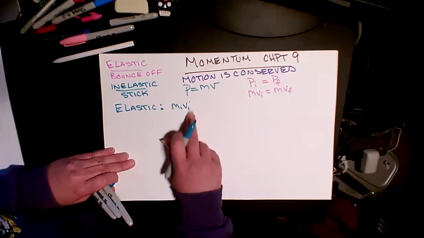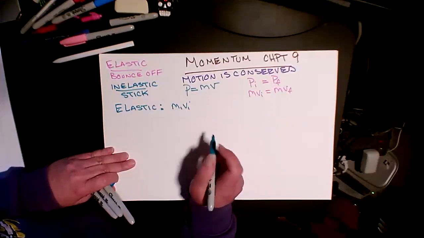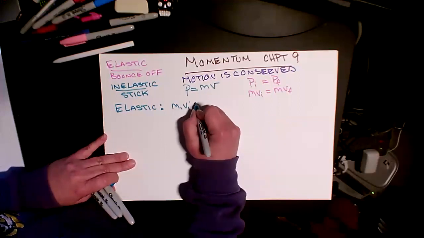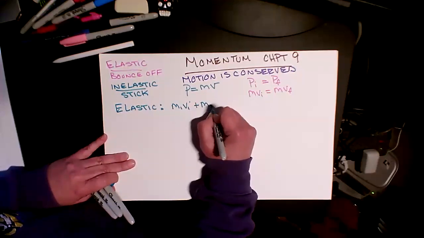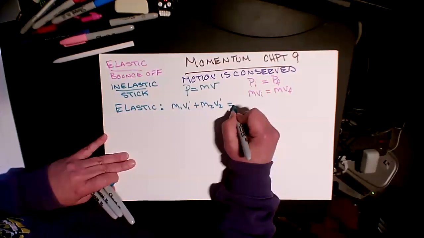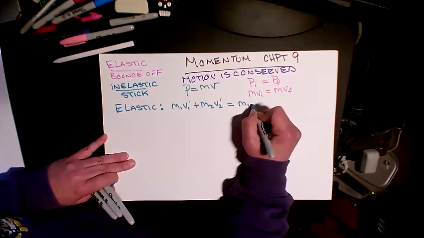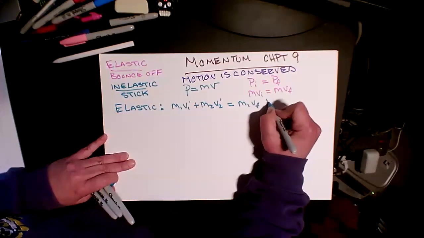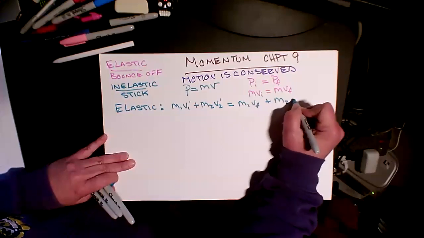So it's just saying it's final. And it's because we're going to have lots of subscripts here, so it's just the easiest way of doing that. Plus the momentum of the other thing, initial, is going to equal the momentum of the first thing, final, plus the momentum of the second thing, final.